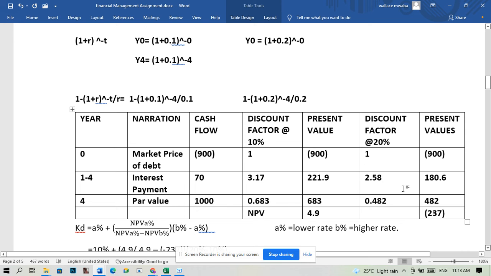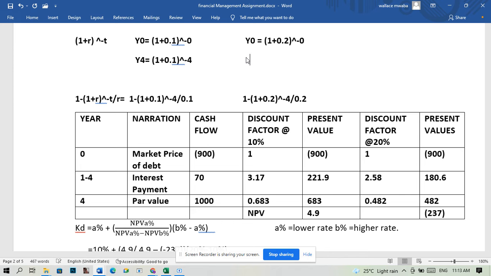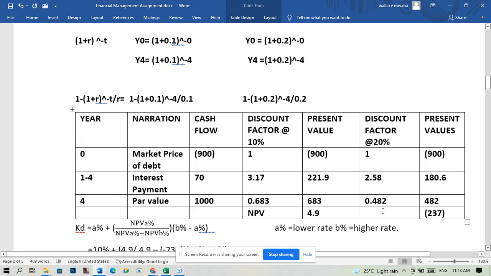So just leave it at 2.58. Then for year 4, it equals 1 plus 0.2 to the power negative 4, we get 0.482.